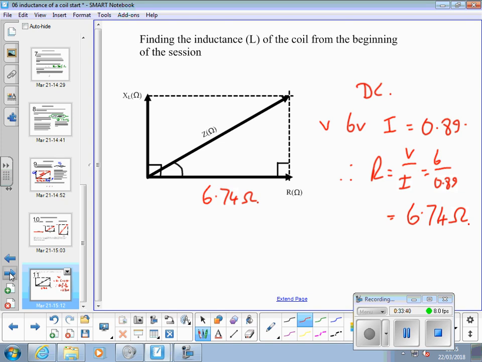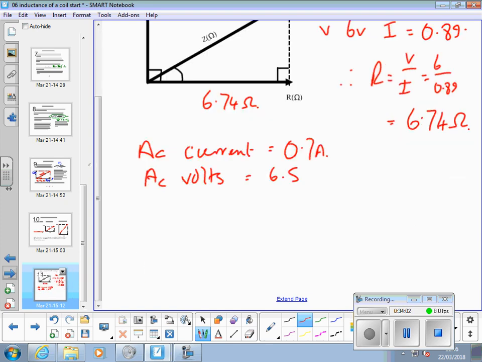Now, AC current was measured, front page, 0.7. Therefore, Z is equal to V AC over I AC.